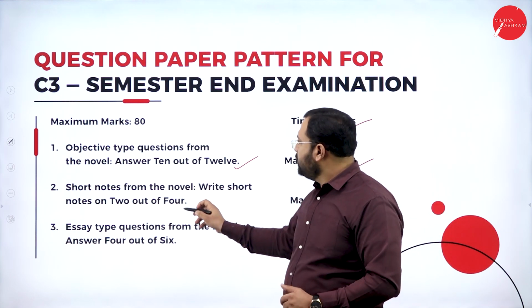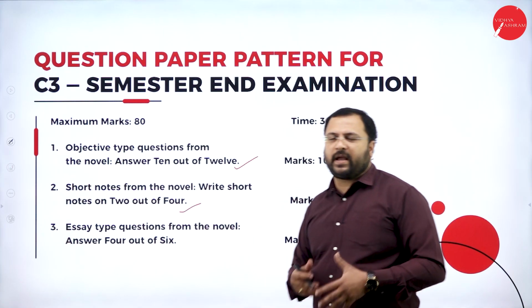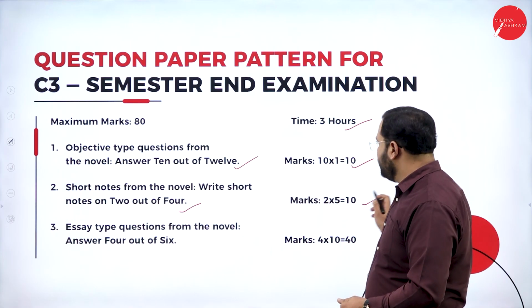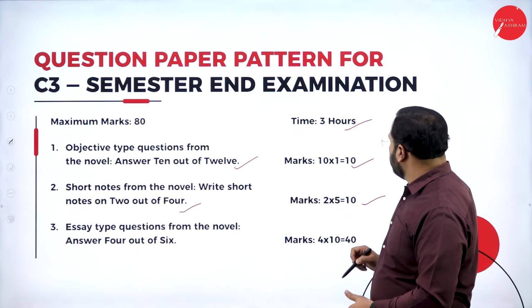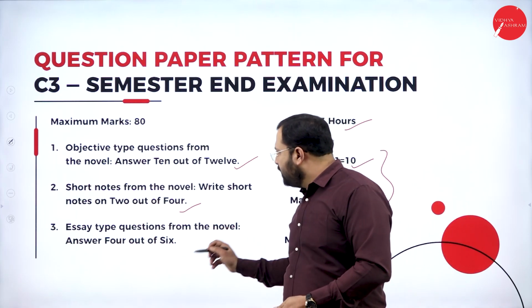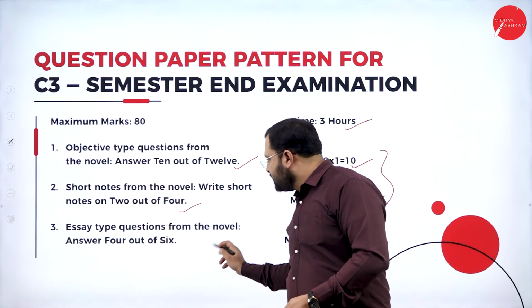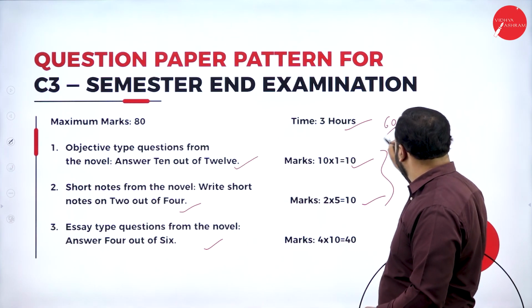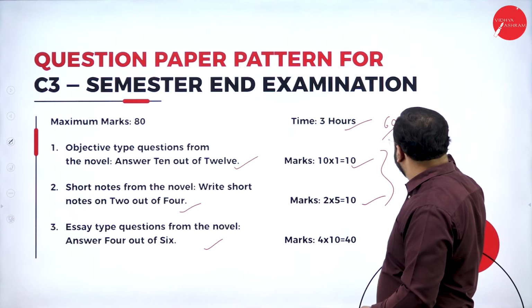Write short notes on 2 out of 4 topics or characters or incidents. So that is for 10 marks. So here, if you concentrate, you have 10 marks. Essay type questions from the novel. Answer 4 out of 6. So see, you have out of 80, 60 marks from the novel.